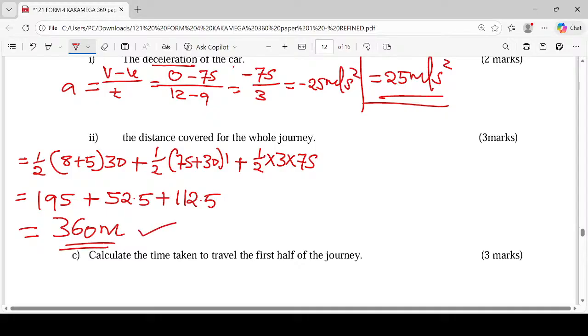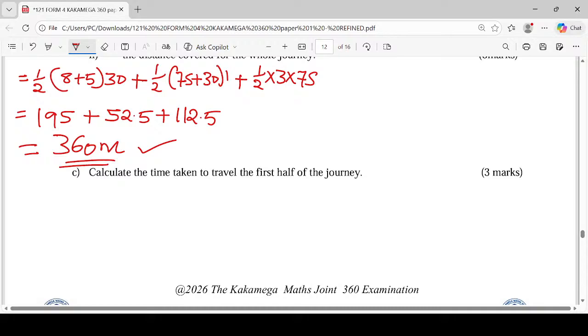360 meters. Part C, calculate the time taken to travel the first half of the journey. So if the total journey is 360 meters, the first half of the journey is 360 divided by 2, which is equivalent to 180 meters.